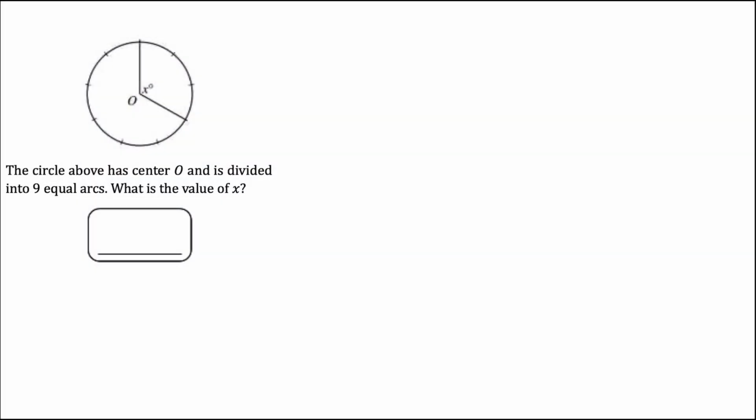Let us solve some practice questions. So in this question, we can see that the circle above has center O and is divided into 9 equal arcs. What is the value of x? So angle at the center of a circle will be 360 degrees. It is divided into 9 equal parts.